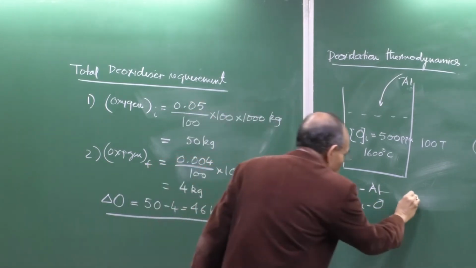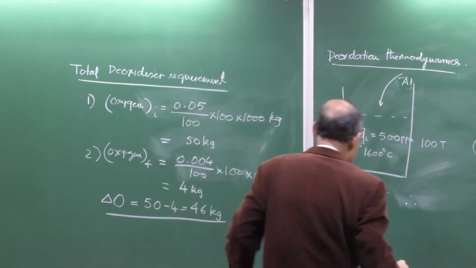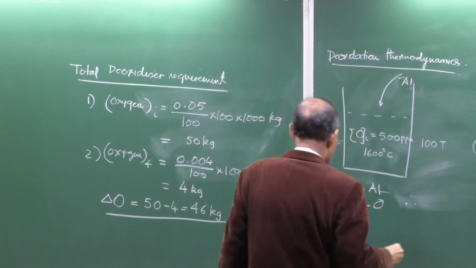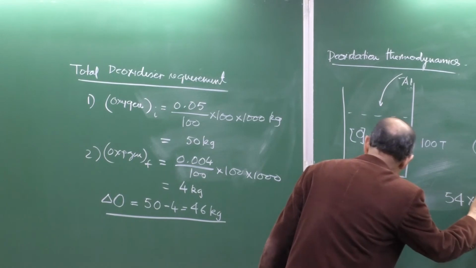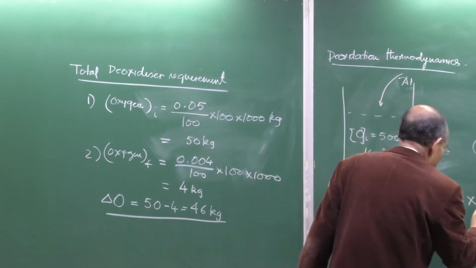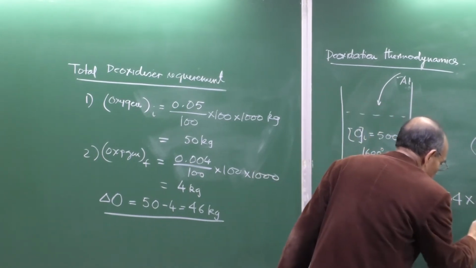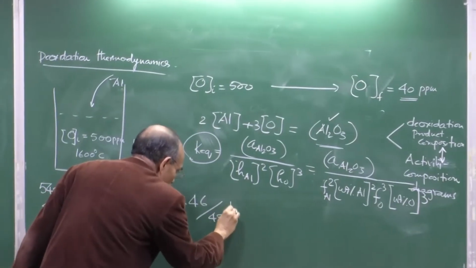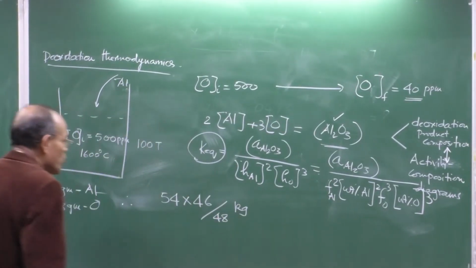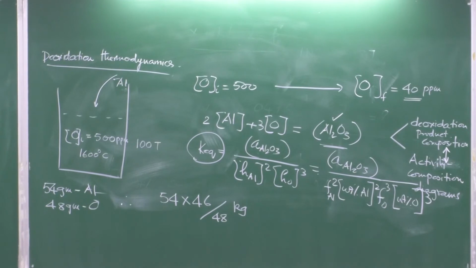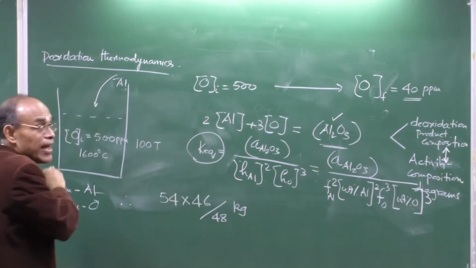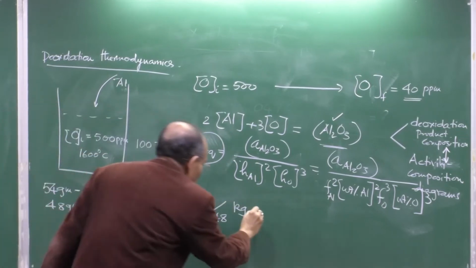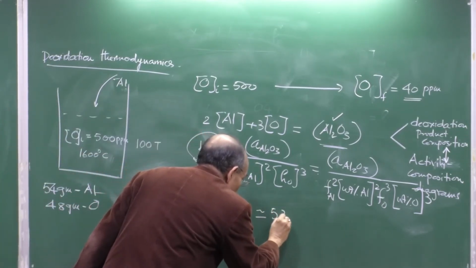So, 46 kg of oxygen into 54 by 48, this much aluminum has gone and is sitting in Al2O3, and this comes out to be something like 52 kg.